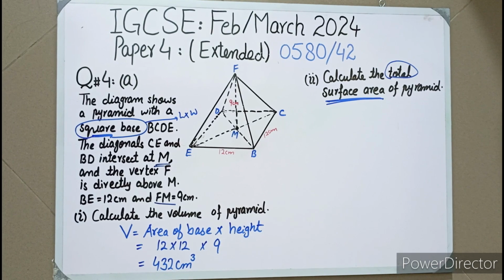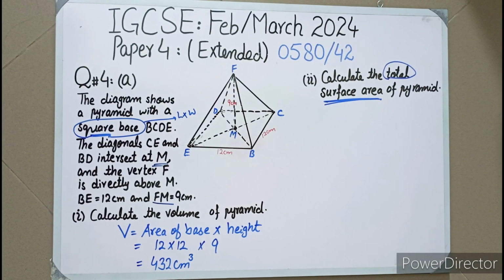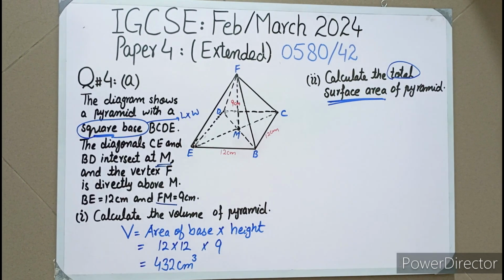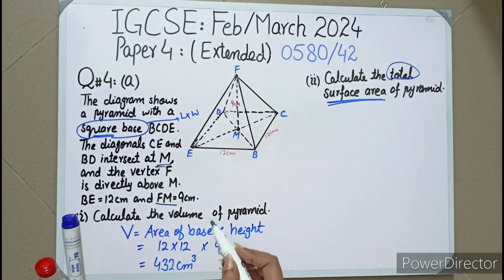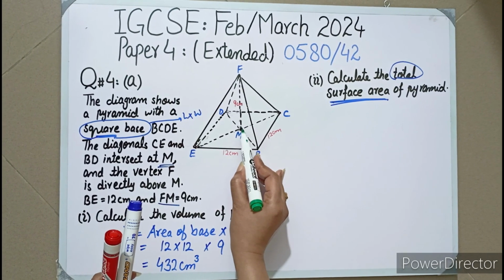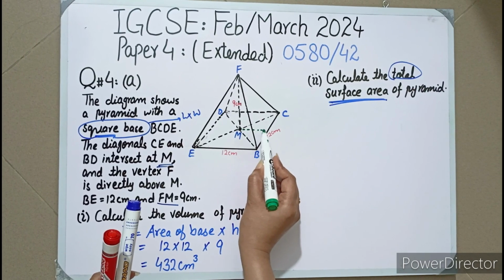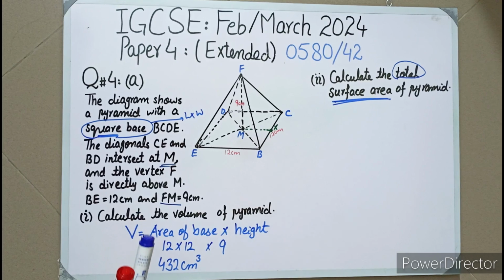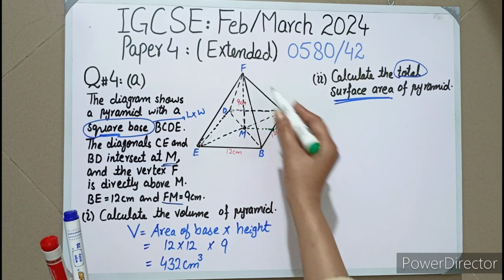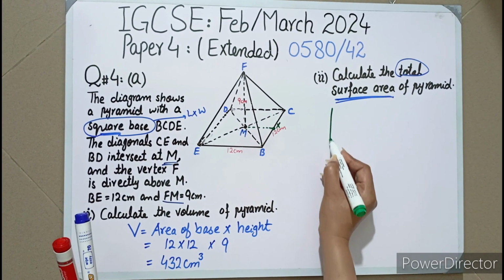So first I will extract the figure according to my need. If I draw the point X over here and extract the triangle, let me draw it over here.